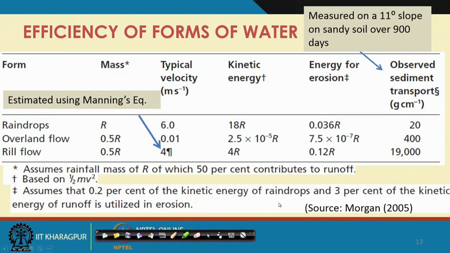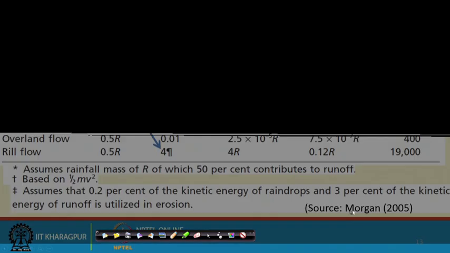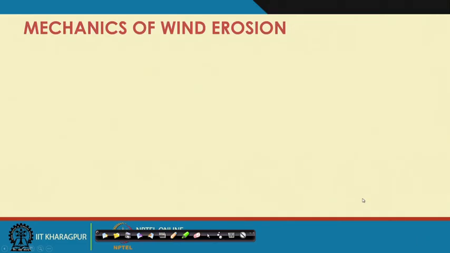Now, this is the efficiency of the forms of water erosion. This is data provided by Morgan in 2005.